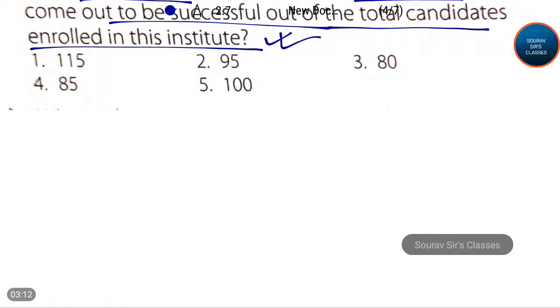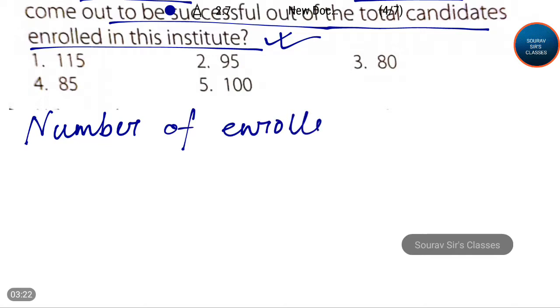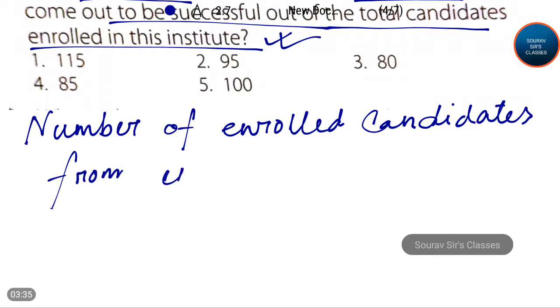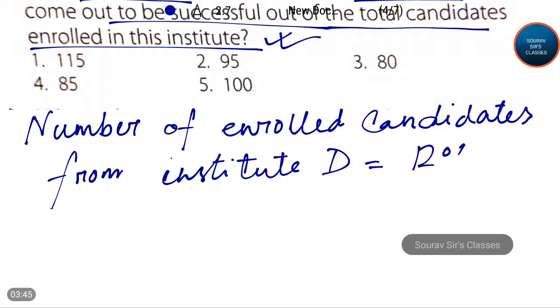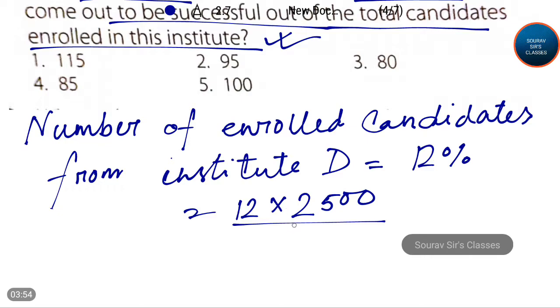The number of enrolled candidates from Institute D is equal to 12%, so that is 12 into the total number of candidates, 2500, divided by 100, that is equal to 300.